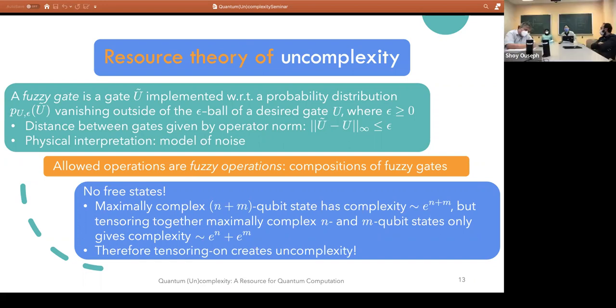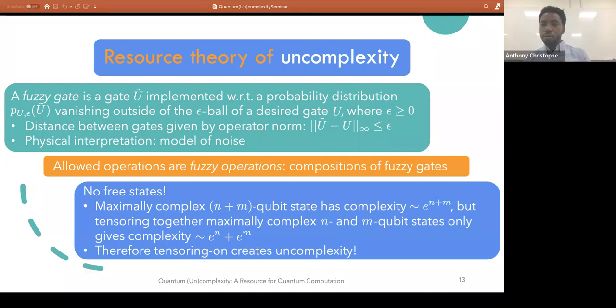Maybe, sorry. So I think you mentioned the definition of maximal complexity before, right? Like e to the n. So let's say you have an n qubit state. I think on the slide you have that a maximally complex n plus m qubit state has complexity e to the n plus m, right? Yes.